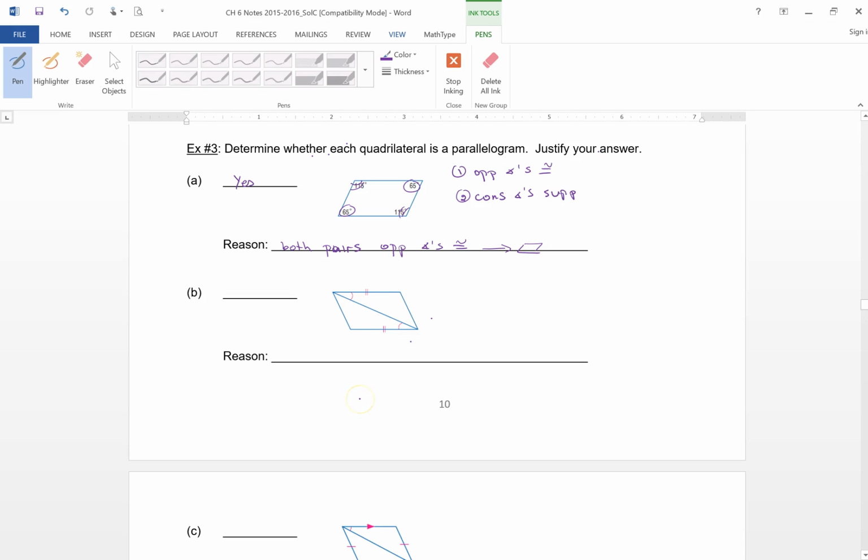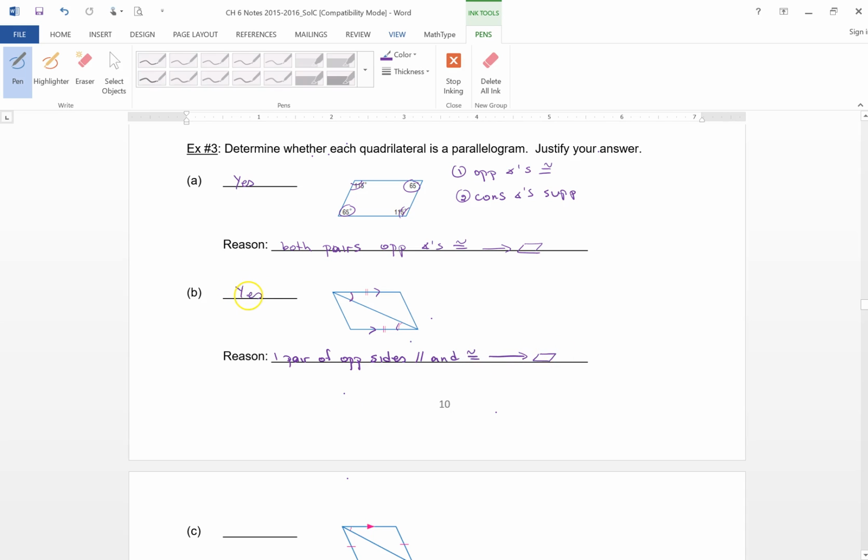In the case of this one, you have that these two opposite sides are parallel. These angles are congruent, meaning they're alternate interior angles. So these two sides are parallel. And remember what we said, if one pair of opposite sides are parallel and congruent, you have a parallelogram.